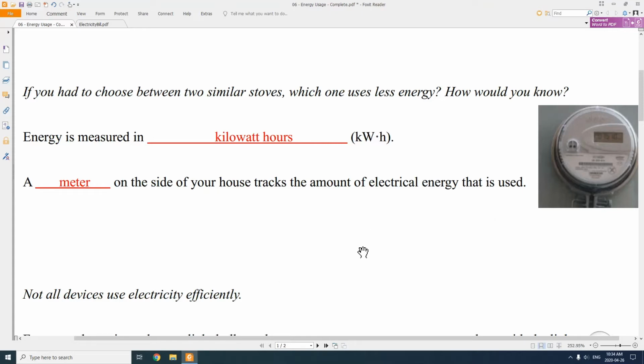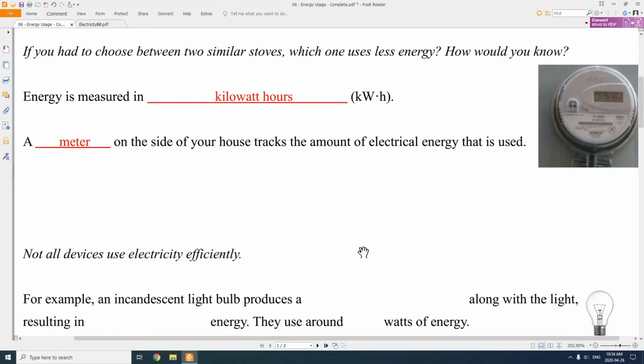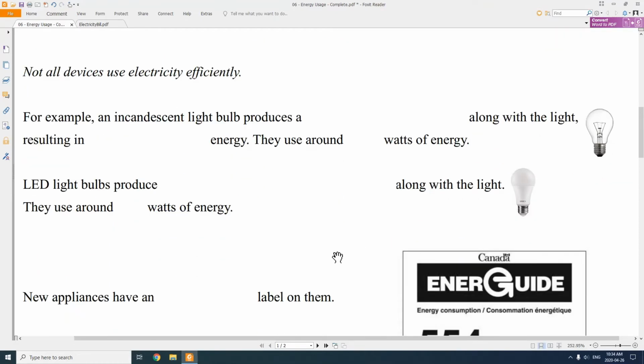Now, not all devices use electricity efficiently, so sometimes devices waste some energy, right? And the easiest example is light bulbs. For example, an incandescent light bulb, that's the old kind that looks like this. They have the filament inside. They produce a lot of heat along with the light, and this results in wasted energy.